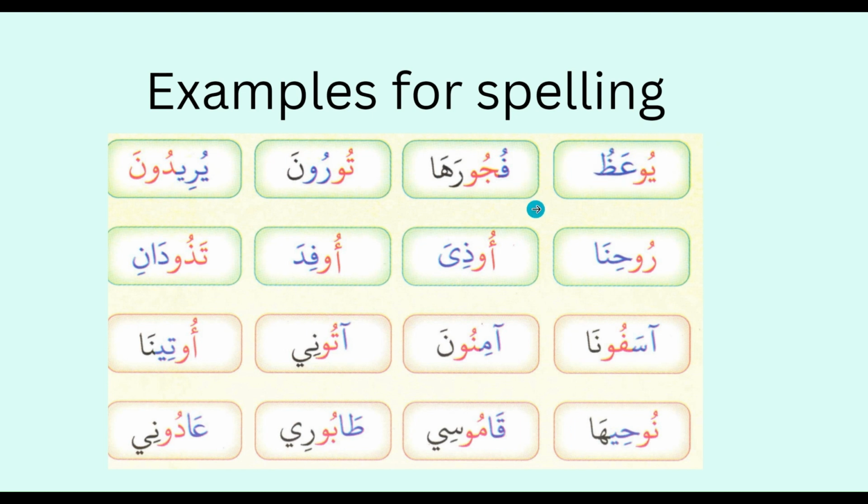These are words, but I don't want you to read it. I want you to spell the words. For example, you're going to just say the letters. For example, here, ya, waw, ain, dha. These are the letters. You don't have to read the word. Okay?